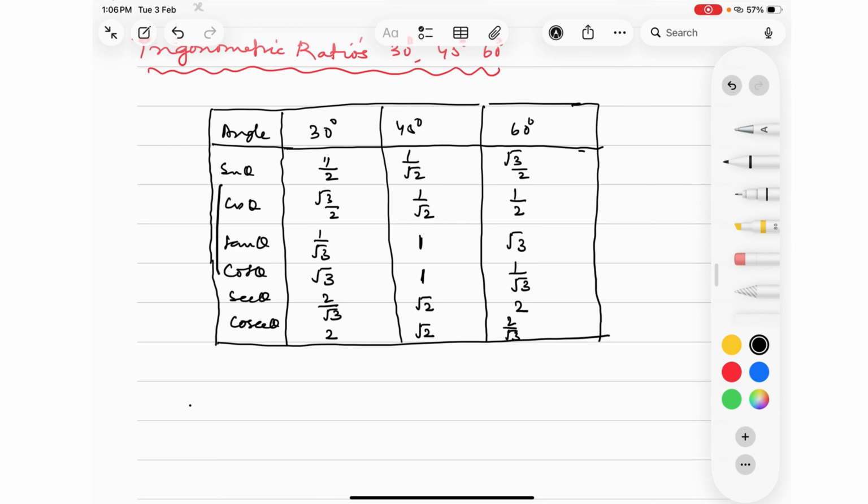And also, for all values of theta, we'll discuss trigonometric ratios of 2n pi plus theta in terms of theta. That is, what is sine of minus theta? What is sine of 90 minus theta? What is sine of 180 minus theta? Like this, we'll discuss trigonometric ratios of all 2n pi plus theta values in our next video.